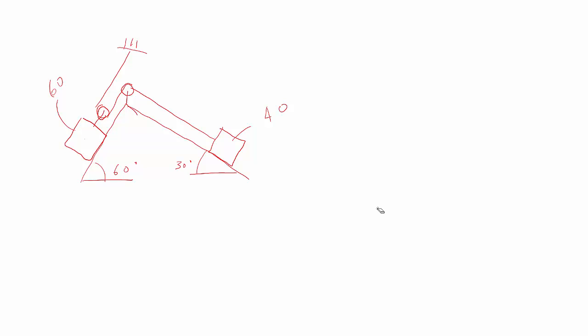We'll start with the one on the right, we'll call this one B and that one A. Okay, so I know I have a tension that runs up this direction.